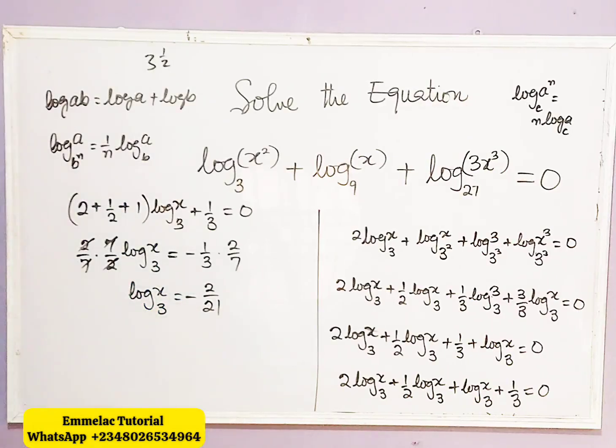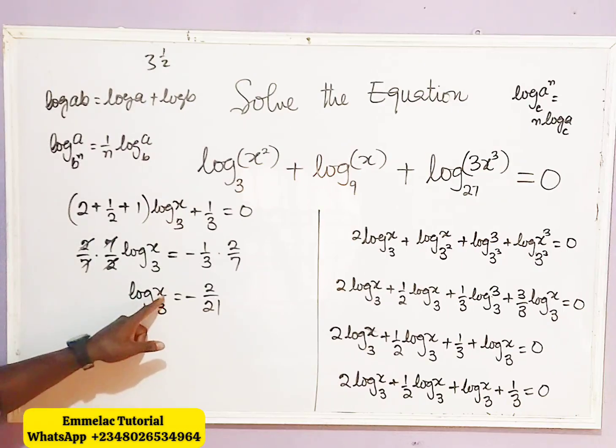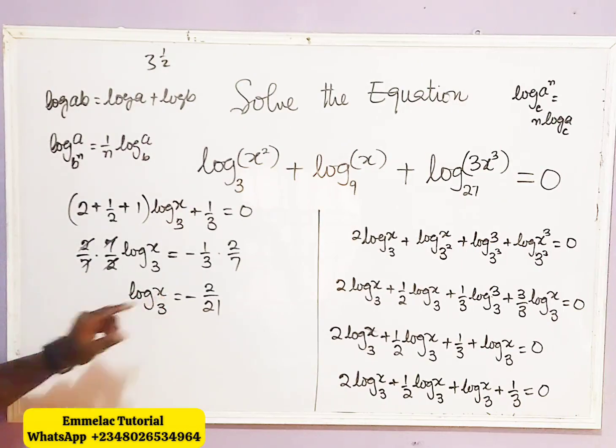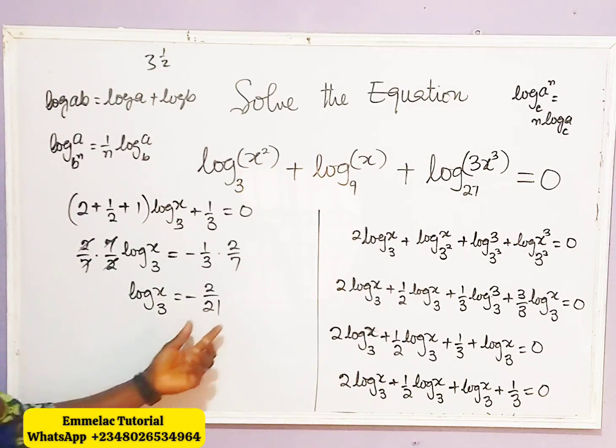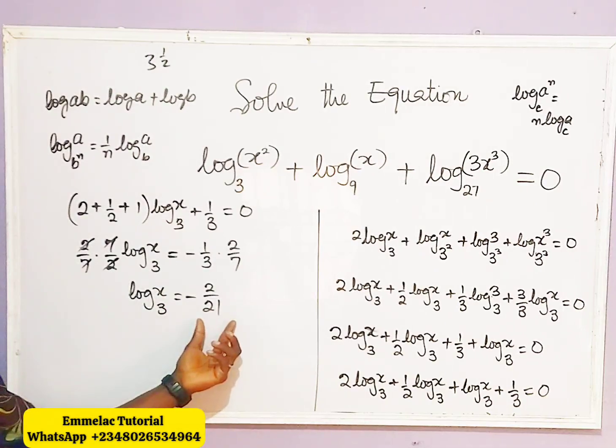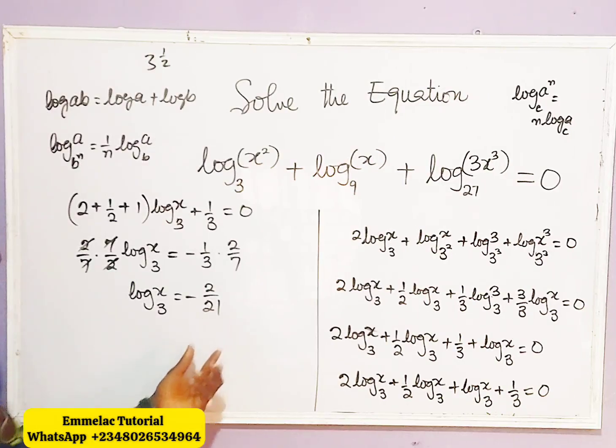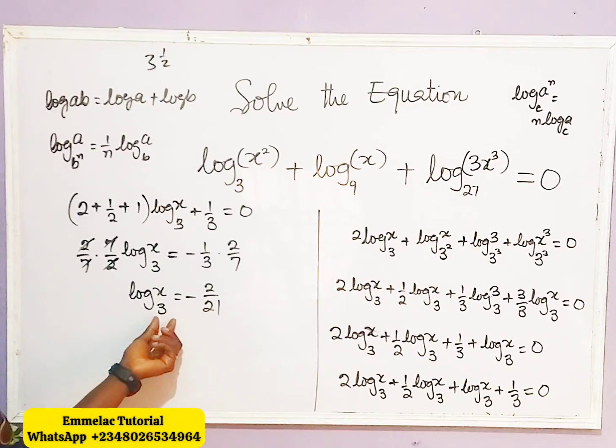21, correct. So the next thing is to find the value of x here. All we need to do is to raise the right hand side as an exponent of 3.